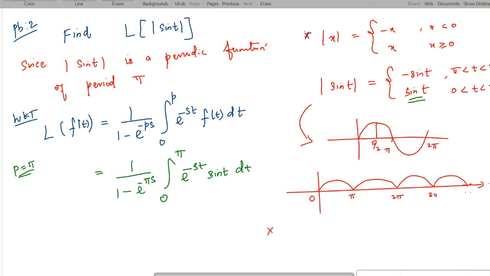By using the integration formula, we know that integral e power ax sin bx dx equals e power ax divided by a square plus b square, into a sin bx minus b cos bx.